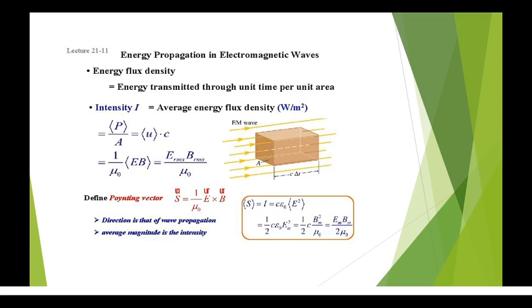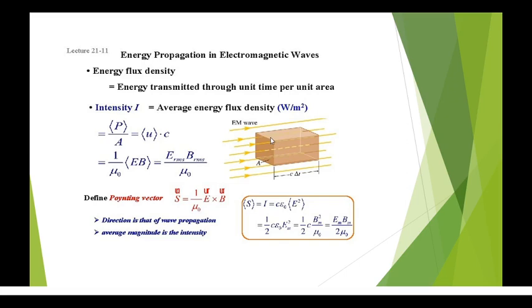I repeat, the Poynting vector is the energy flux density and intensity is the average energy flux density, or it can be written as average power per unit area. So intensity has another unit, watt per meter square.